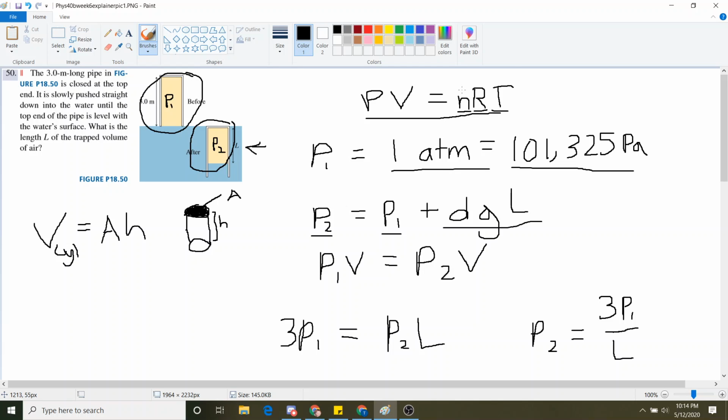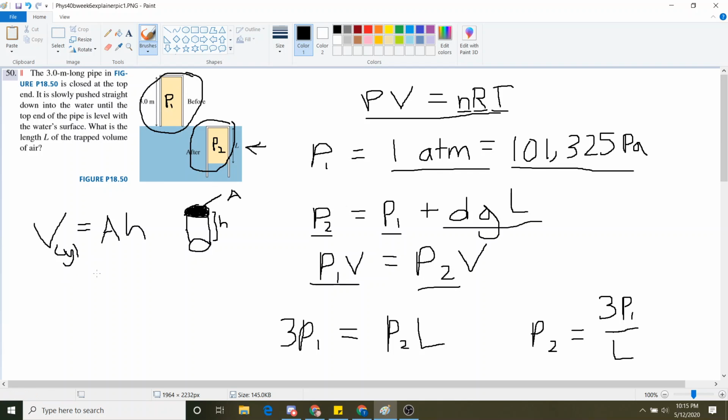So since all of these are constant, even if we change the volume and pressure, the initial volume times the initial pressure will equal the new pressure multiplied by the new volume. So these two volumes are different, but they're just both denoted as V, so keep that in mind.